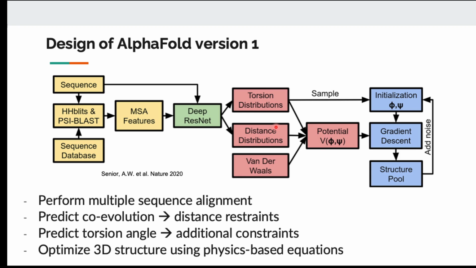And then AlphaFold 1 used those constraints to guide the de novo structure prediction. So basically, AlphaFold version 1 merged the bioinformatics of co-evolution with the bioinformatics of de novo structure prediction into a single pipeline. And that was state of the art in 2018.